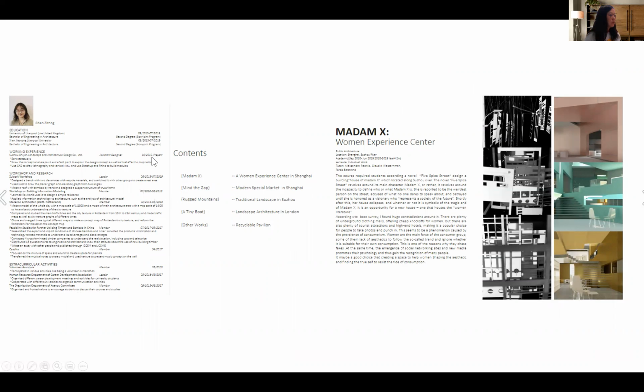If I were her, I would simplify the bio part, put the content separately on the right side of the spread, and put this project page on the next spread. It's too busy to digest as one spread.